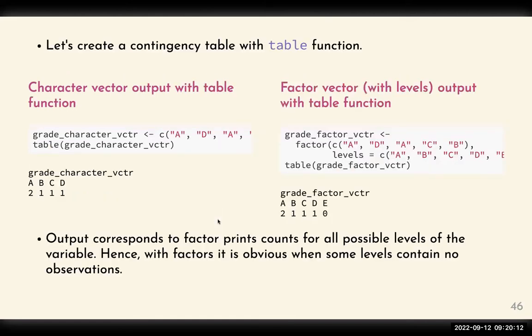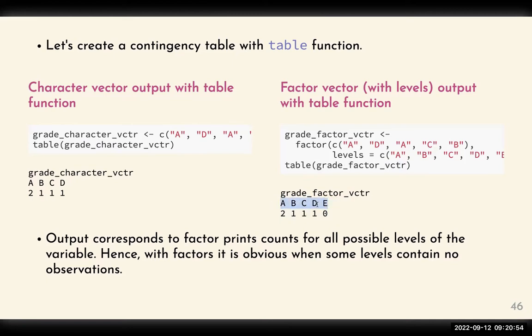Here, I use table function to summarize my grade_character_vector and grade_factor_vector. The output of the character vector displays counts of the observed levels only. A for 2, B for 1, C for 1, D for 1. However, the output that corresponds to the factor prints counts for all possible levels of the variable.